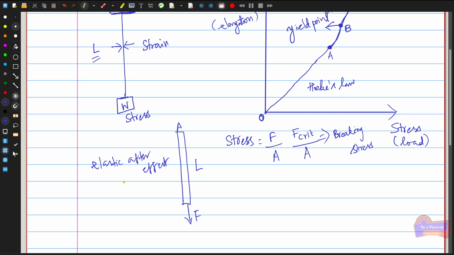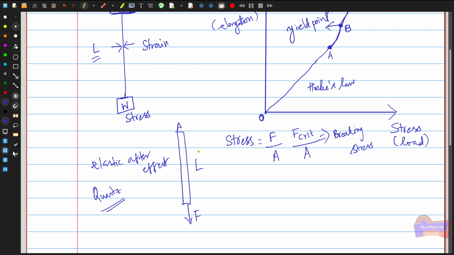That is why quartz fiber is used in many experiments, for example in a torsional pendulum or other apparatus, because it has a high elastic property. Also, when you add and remove a load, quartz has a very low elastic after effect time in regaining its original length.